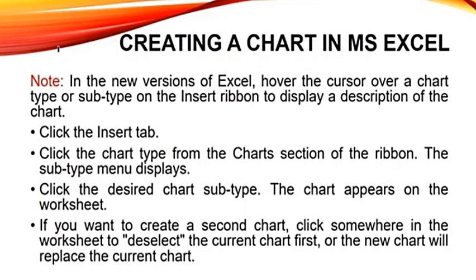Then, with the help of the Insert tab, select the chart type. In the chart type option, we easily get the different charts, as we have already discussed the different types of chart. We can select from the subtype menu, and we can easily insert the chart as per our requirement in our workbook.